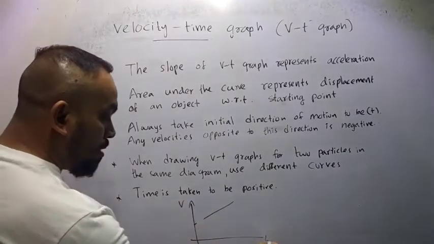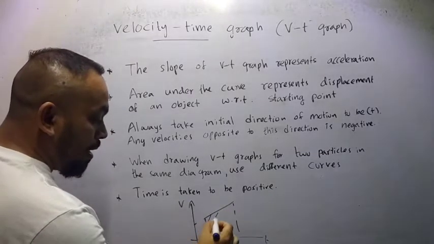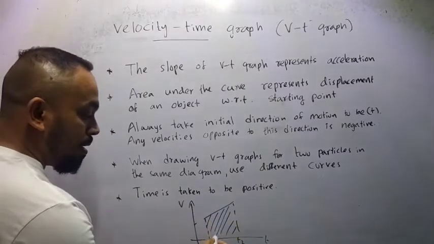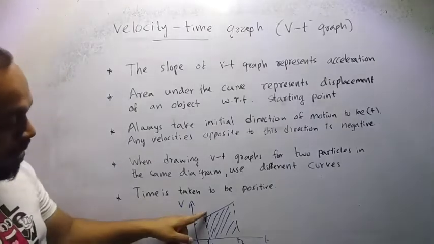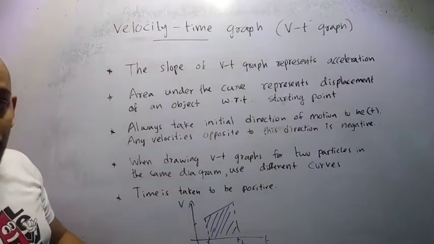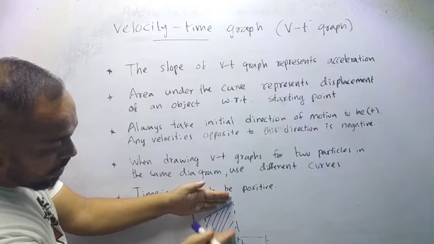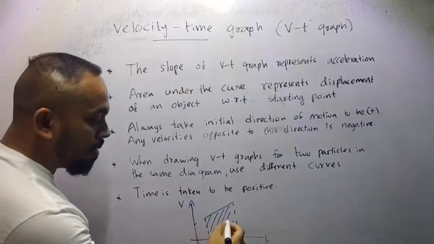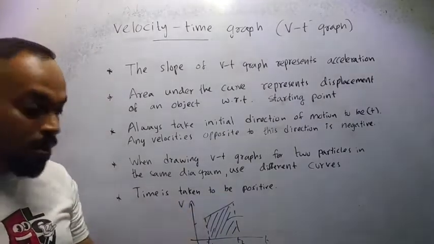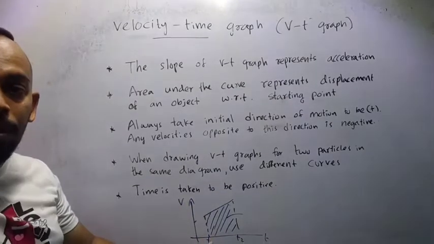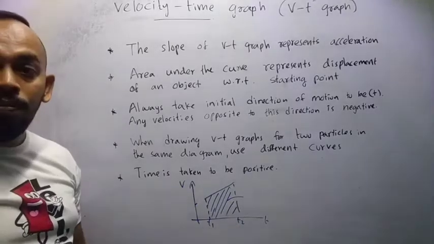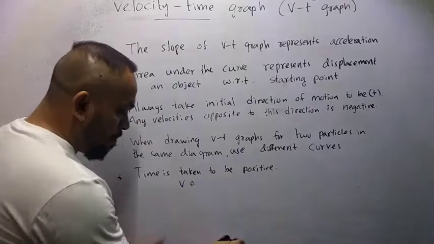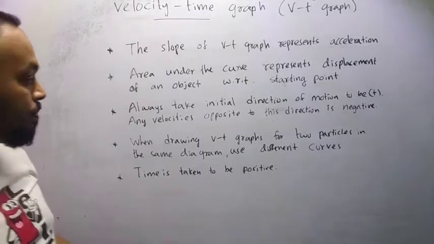So here this is V and this is T. If you consider this area from T1 to T2, the area under this curve, where the curve here is this line segment, the area enclosed by the T-axis and these two vertical lines actually represents the displacement of the particle from T1 to T2, right? Okay, that's what it means. Don't put this down, just keep this in mind.